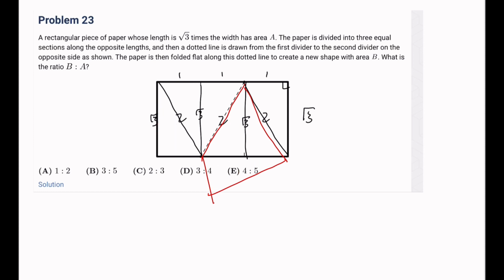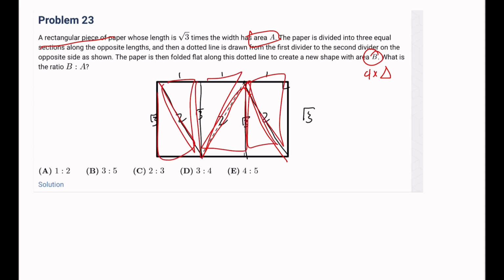And so that means we have 4 of these 30, 60, 90 triangles with area B. So this is 4 times the triangle. And A is the rectangular piece of paper itself, which has the area A. And if we see the paper itself, it has an area of 1, 2, 3, 4, 5, 6 of the same 30, 60, 90 triangles.